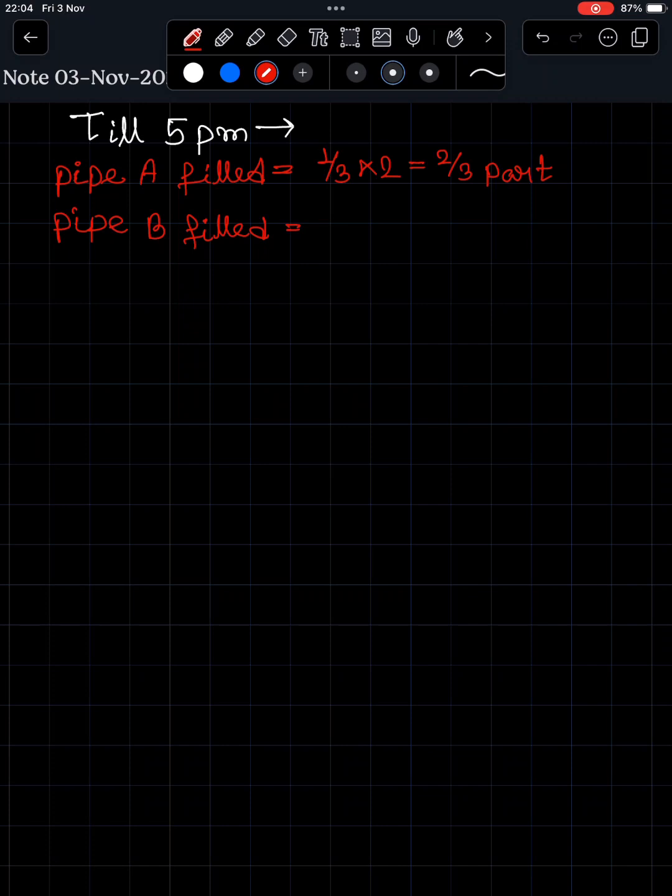That is why capacity into time: 1 by 3 capacity into time 2 hours. That is why 2 by 3 part of the cistern was filled up by pipe A before 5 p.m., when there was no pipe C. Now before 5 p.m. pipe B filled up 1 by 4 into 1 hour, which means 1 by 4 part of the cistern was filled up by pipe B.